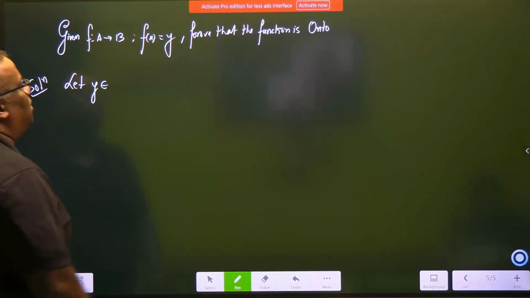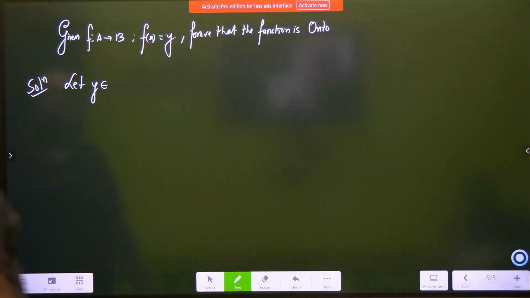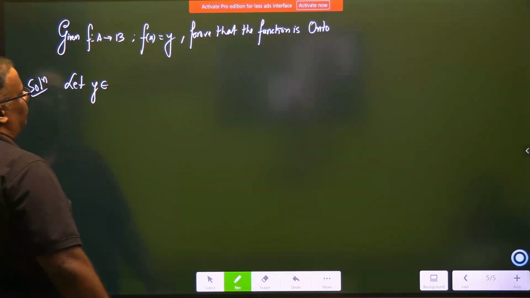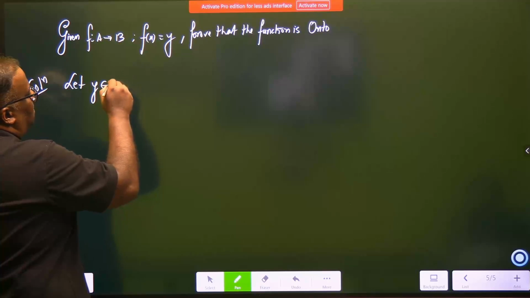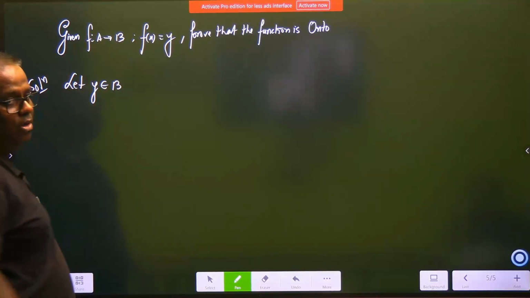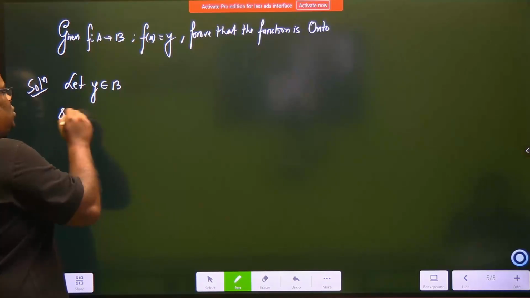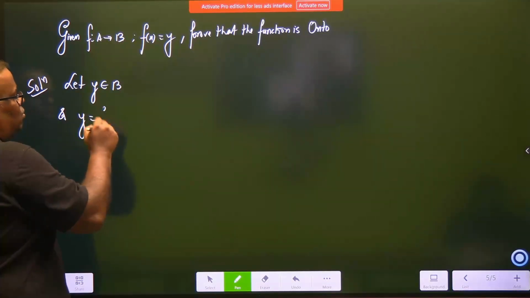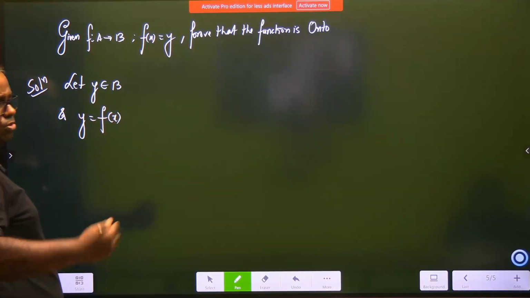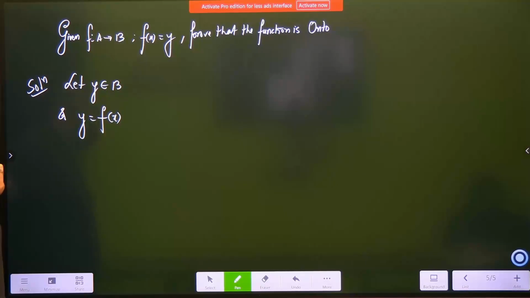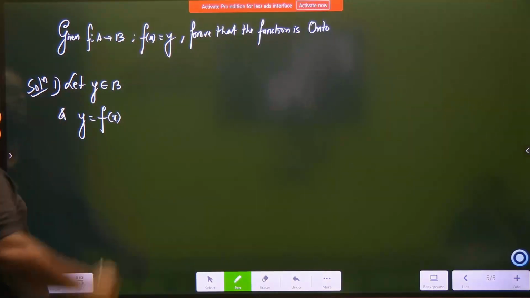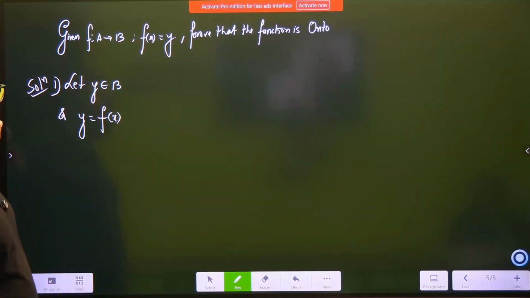Otherwise you'll get confused. So we'll say let y belong to B. Let y belong to B, and we will also assume y is equal to f of x. This is our first step: let y belong to B, and we will assume that y is equal to f of x.